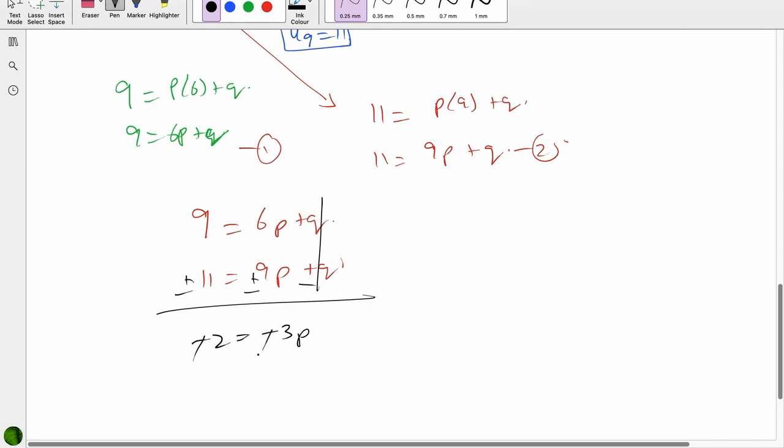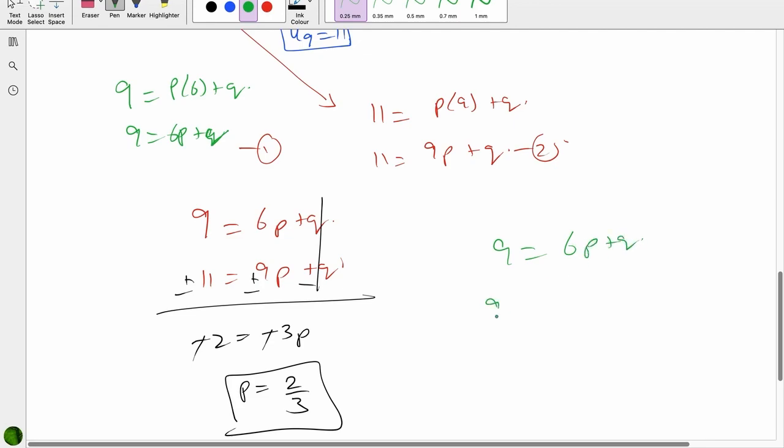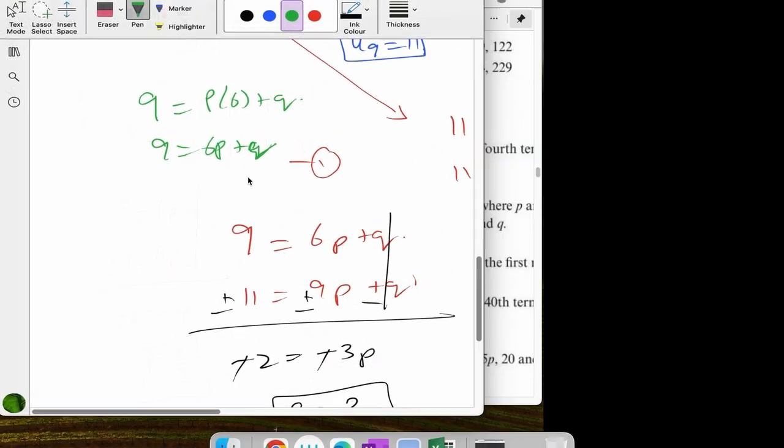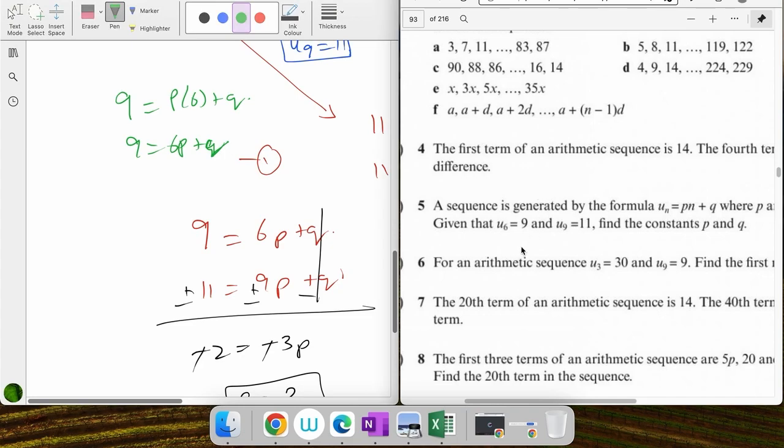So minus minus goes away, and p is equal to 2 by 3. Now use any of the equations again. 9 is equal to 6p plus q. 9 is equal to 6 into 2 by 3 plus q. 3 1 times, 3 2 times, 2 2 times is 4, and q is equal to 5. Any confusion?